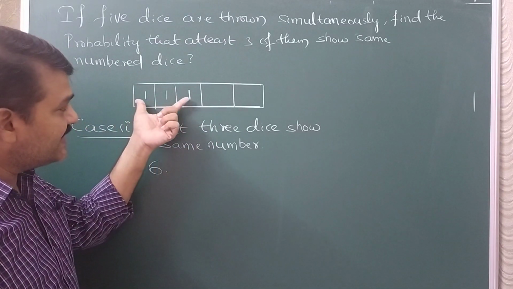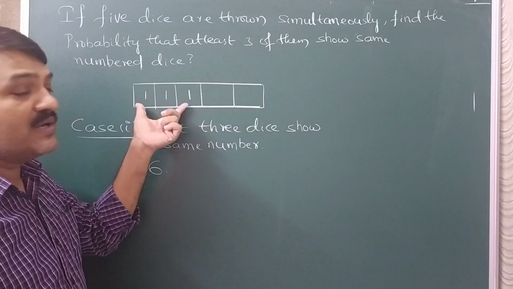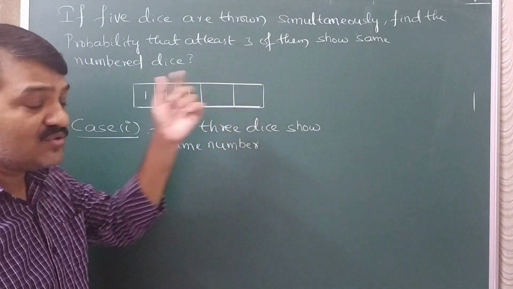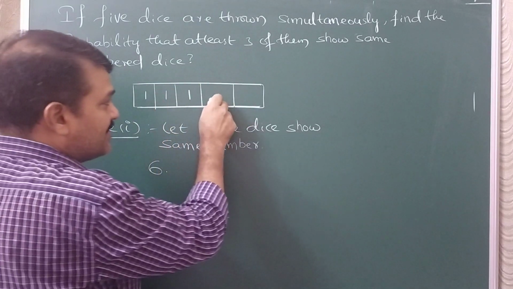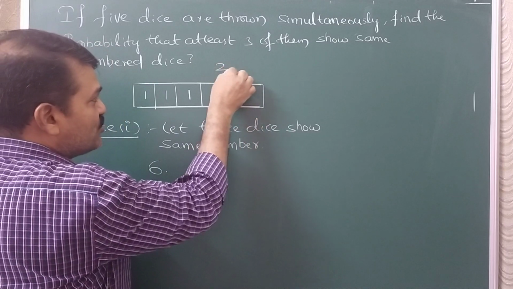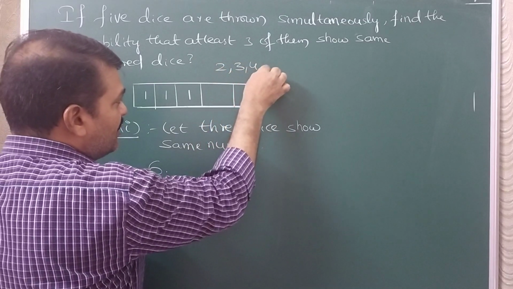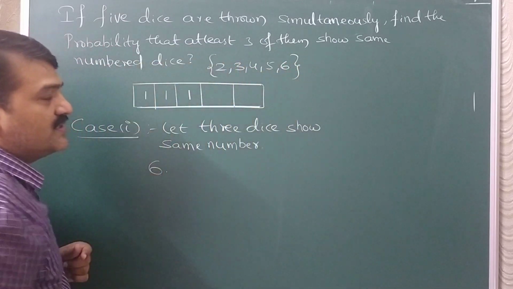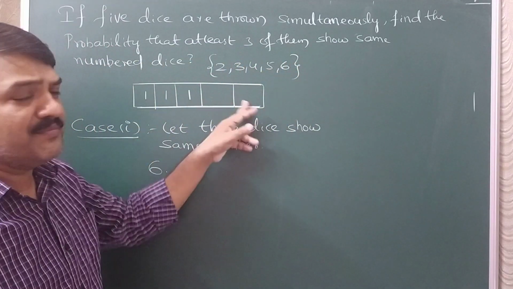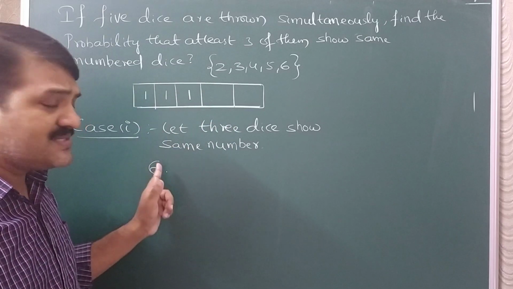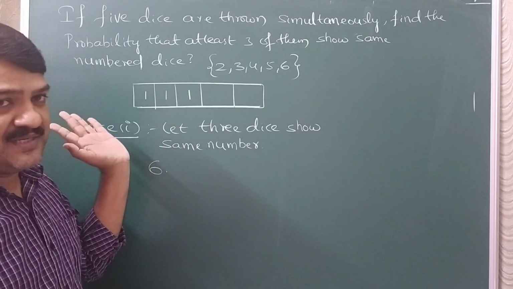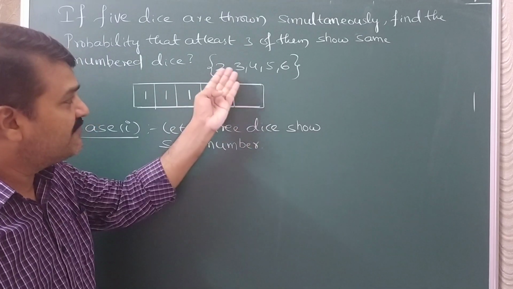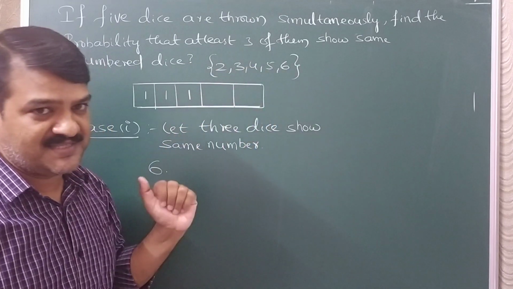So remaining 2 dice cannot show ones, means these remaining 2 dice can show 2 or 3 or 4 or 5 or 6. Ones should not come here, because only 3 ones and already we have taken. So the remaining 2 dice can have any numbers from these 2, 3, 4, 5, 6.